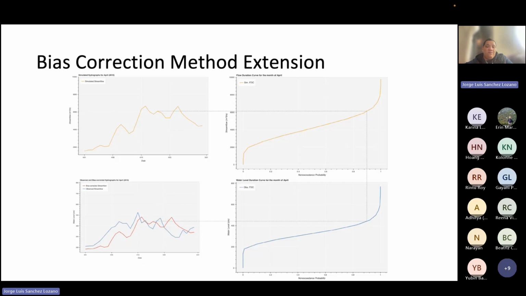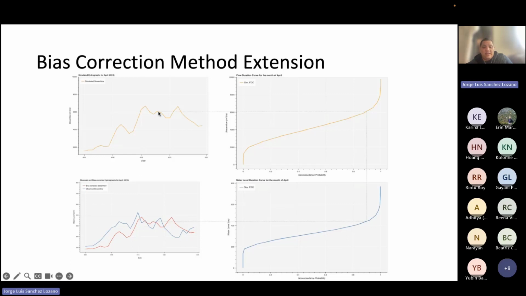Eventually, there are some places where the river does not have any discharge data, but they have water level data. Because of how the method works, with water level data we will be able to build a water level duration curve, and the observed discharge values come from a rating curve where originally water level values were measured.